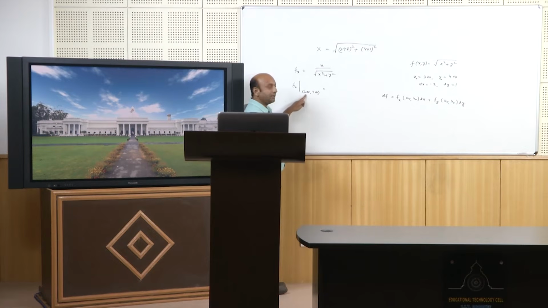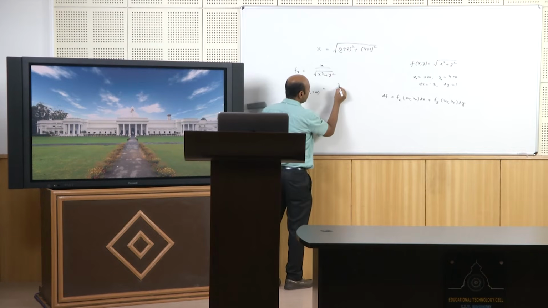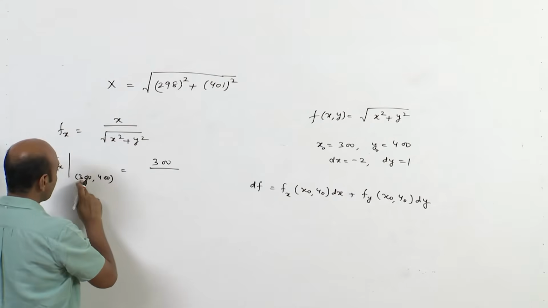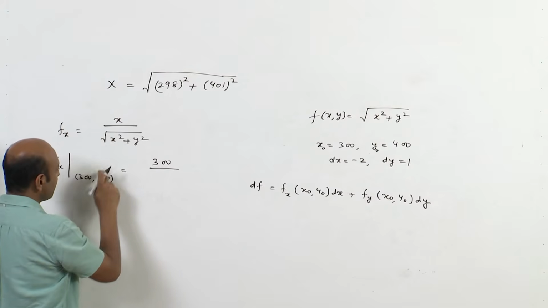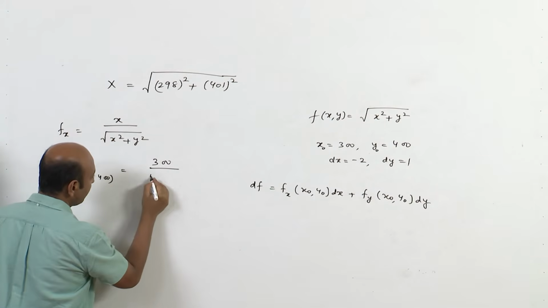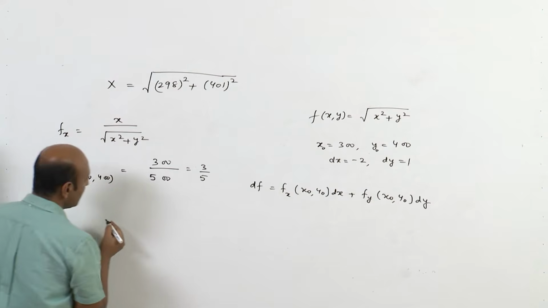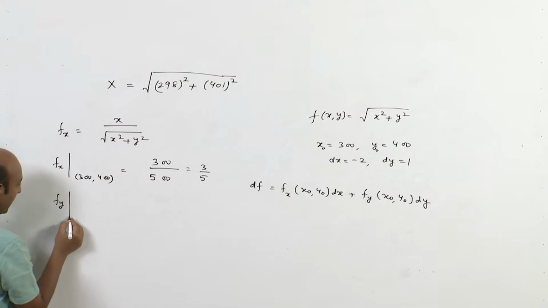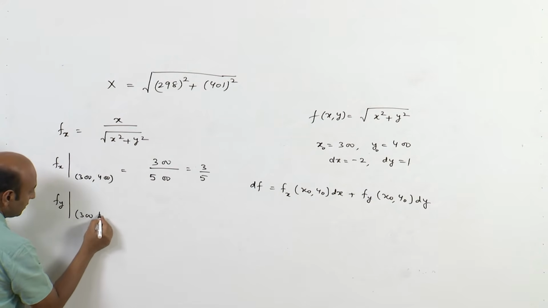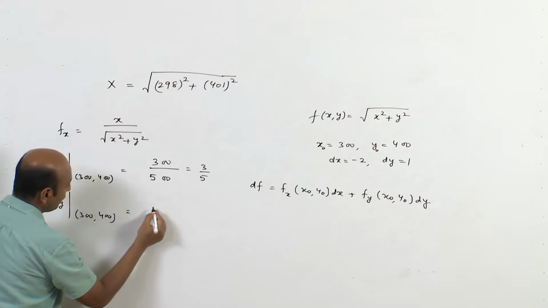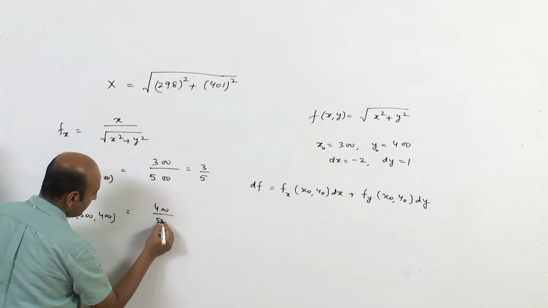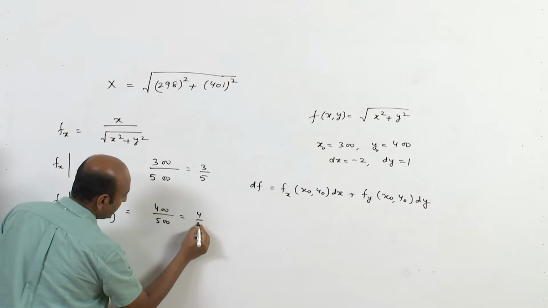So, at this point (300, 400), when you substitute x as 300, the square root of 9 plus 16, that is 25, which is 5 times 100, gives 500. So fx will be 3 upon 5, and fy at (300, 400) will be 400 upon 500, that is 4 upon 5.